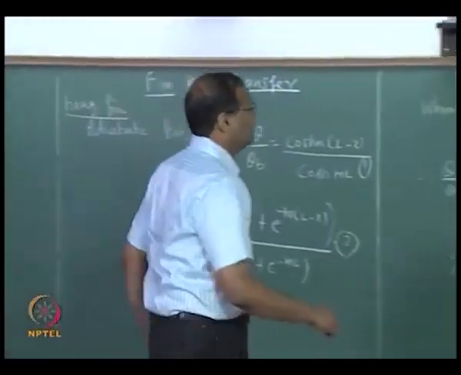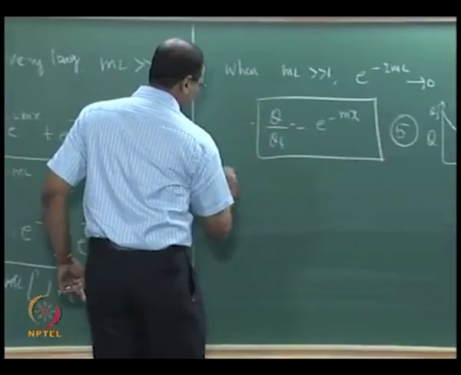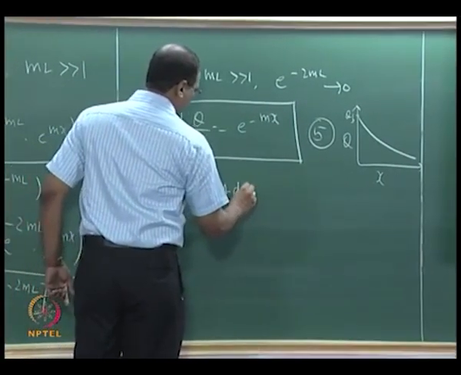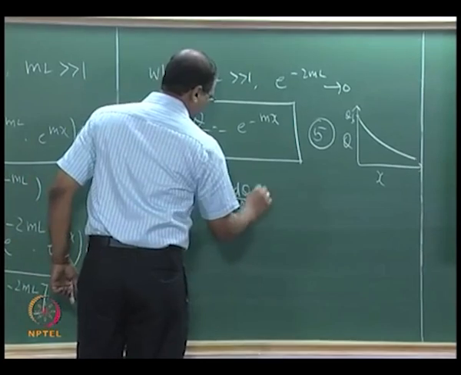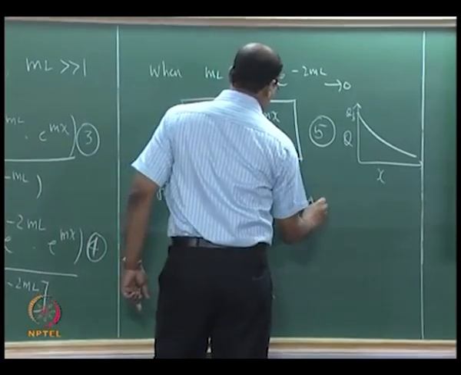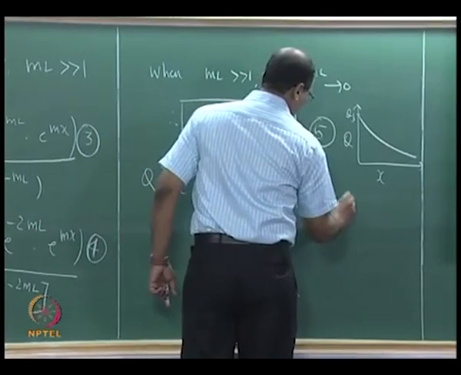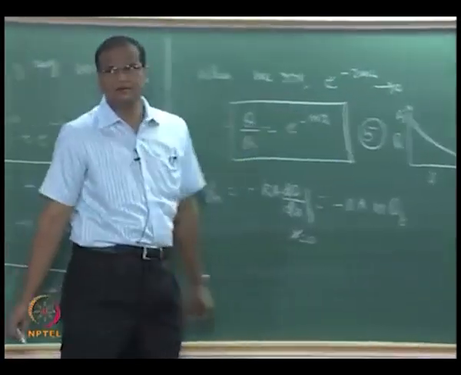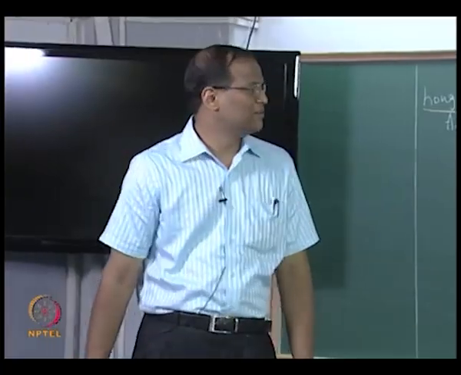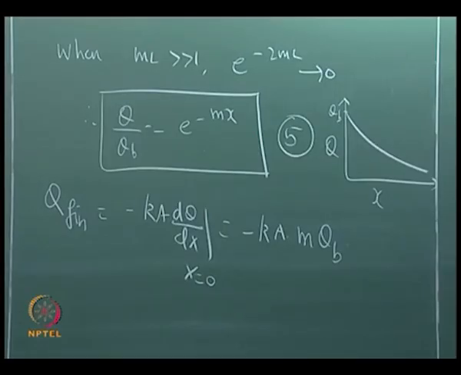Now we can work out the heat transfer. For e to the power of minus mx, the derivative is minus m e to the power of minus mx, substitute x equal to 0.